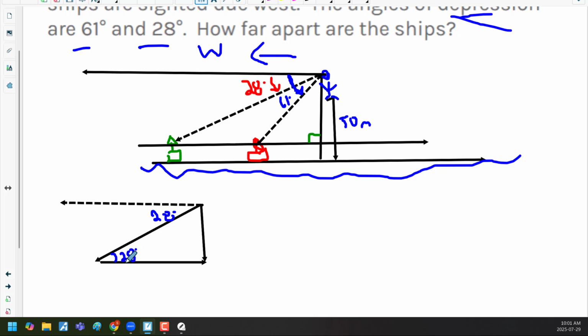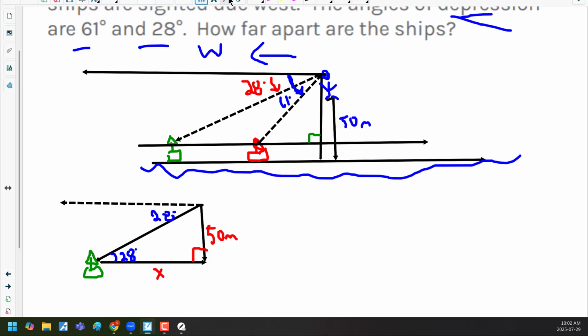So that's a nice hint. So we have our green boat here. And we know that the person is 50 meters in height. You know, this is a right angle triangle. So we have everything that we need, because what we're looking for is x. We're looking for the distance, how far the boat is from you, right? From that person. So we're looking for the horizontal distance.